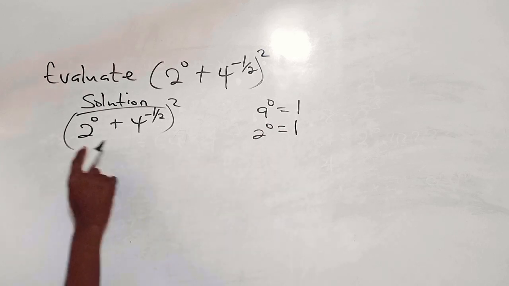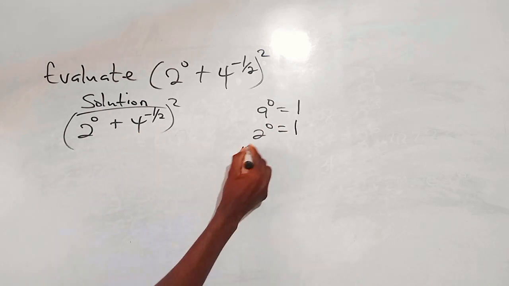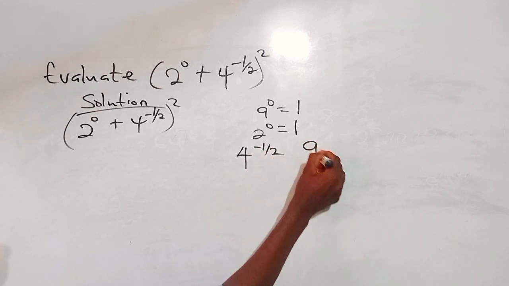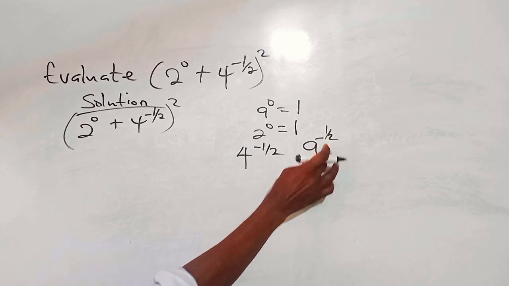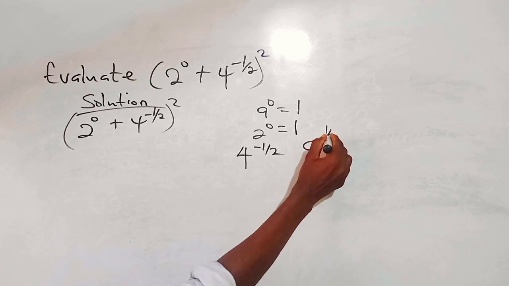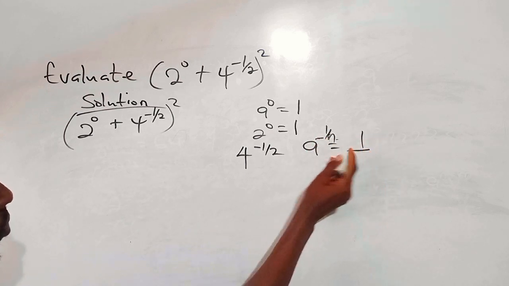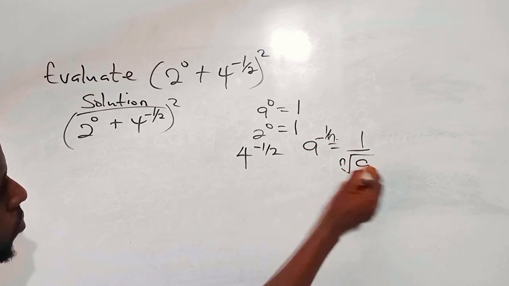And for this we have 4 raised to power minus half. One of the laws of indices, when you have a rational exponent, as you have a raised to power 1 over n, that is the nth root of a.